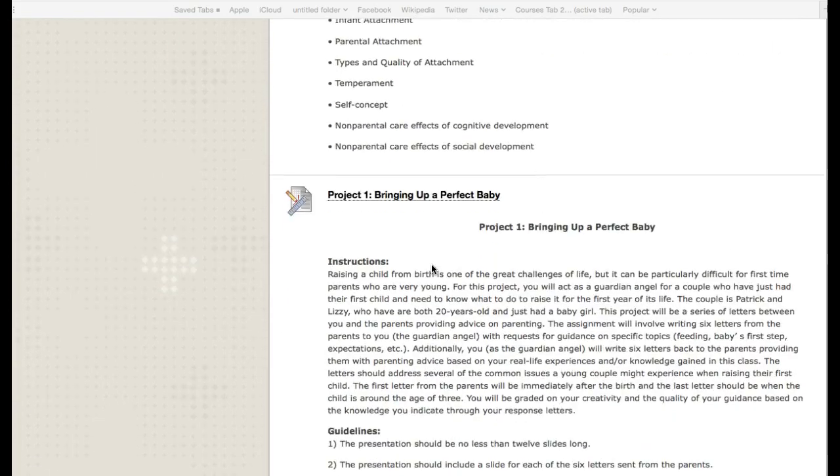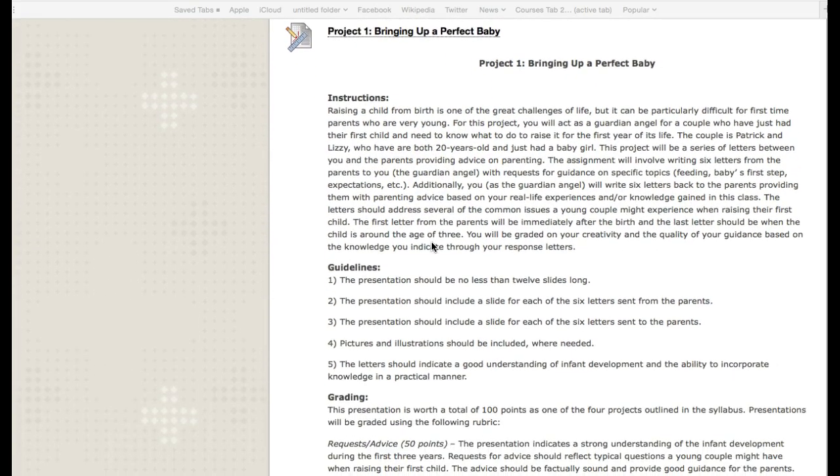So this week, you have a project that's due on Sunday at midnight. The project is bringing up a perfect baby. This assignment is a PowerPoint presentation, and it has to be no less than 12 slides long. The presentation should include a slide for each of the 6 letters sent from the parents.